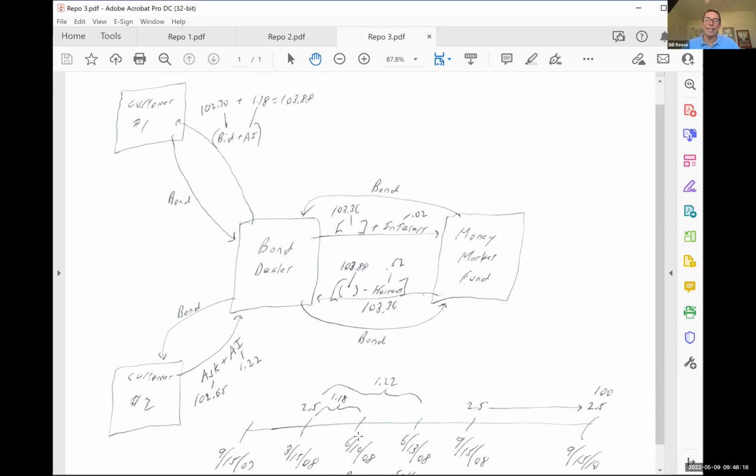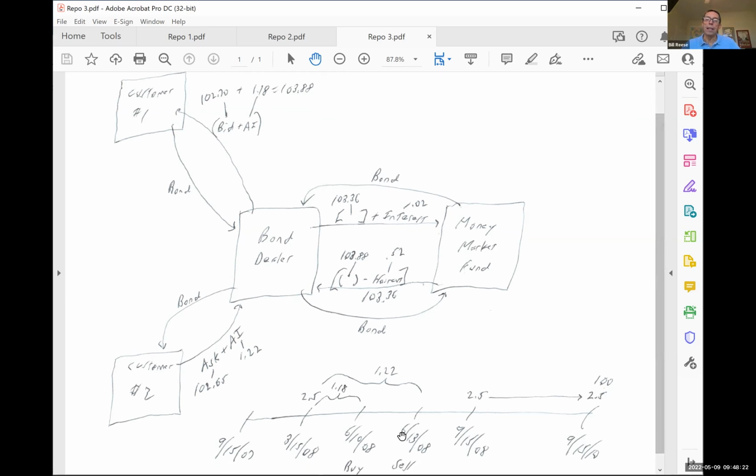So on June 10th, when the bond dealer buys the bond, it's going to be paying customer number one the bid price. The bid price is 102.7, 102.70. Plus, the bond dealer has to pay accrued interest. The accrued interest is going to be 1.18.